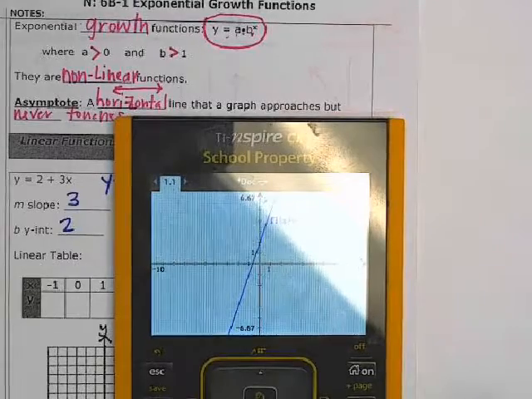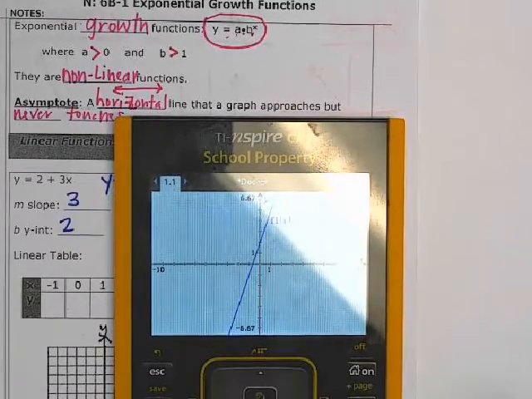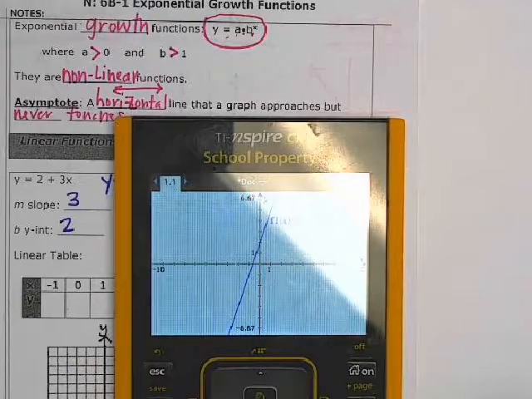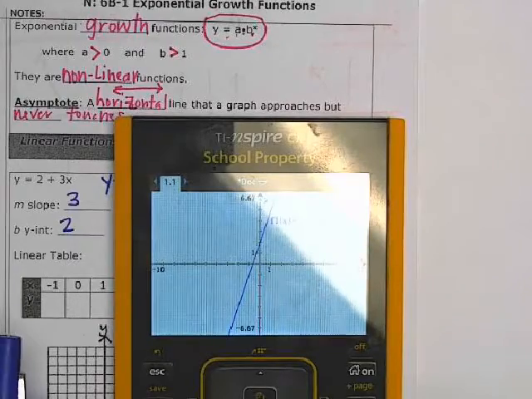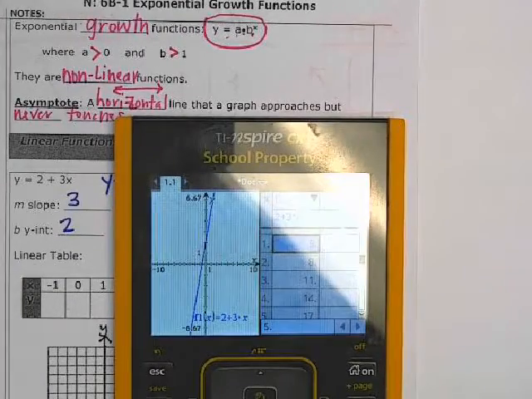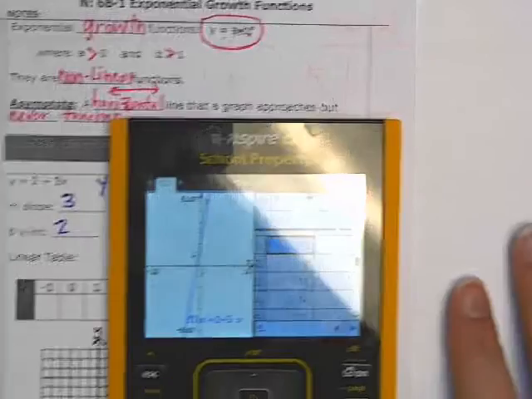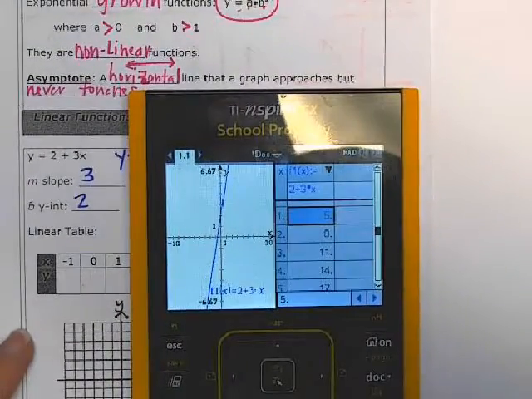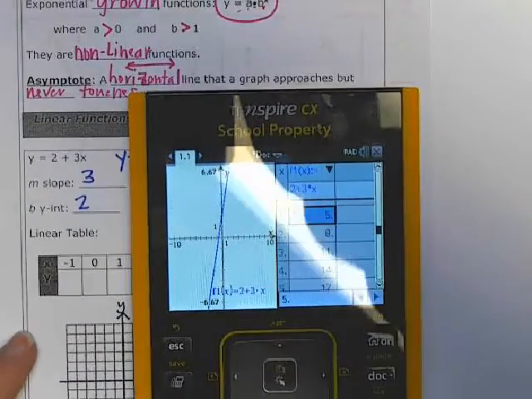Okay. Everybody's look like mine? Are you doing this with me? You graphed it? Okay, to get to a table, we're going to hit Control T. And a table pops up. Okay, got it?